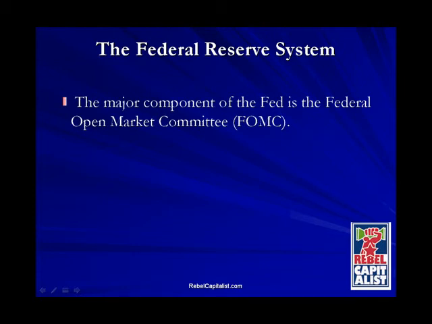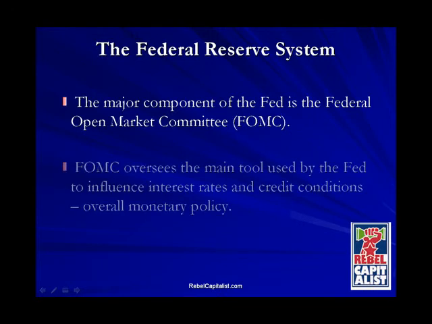The major component of the Fed is the Federal Open Market Committee, or the FOMC. The FOMC oversees the main tool used by the Fed to influence interest rates and credit conditions, or overall monetary policy.